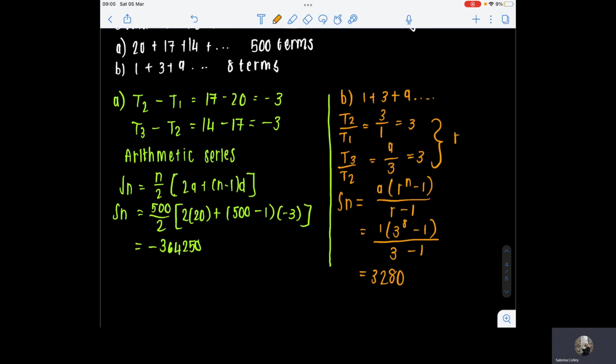Let me quickly find one where they ask for r to be convergent or divergent.